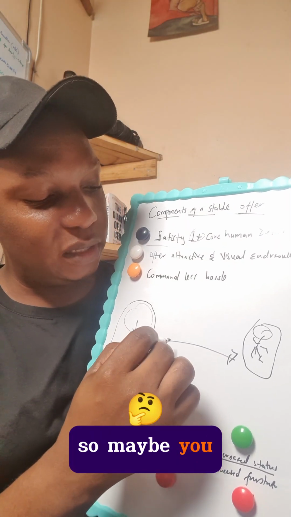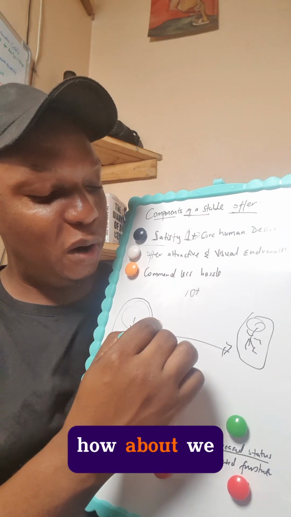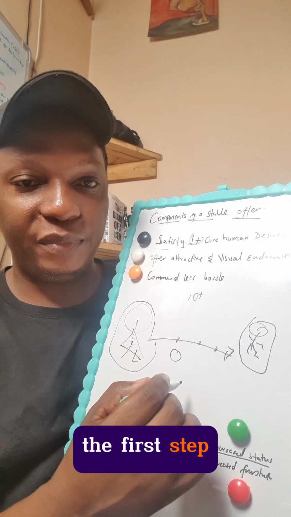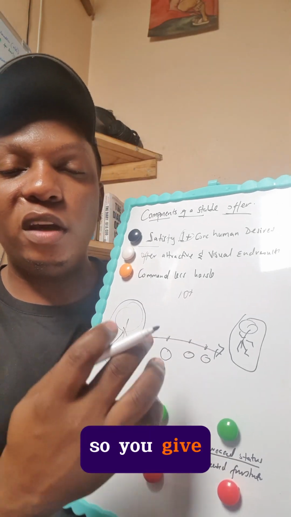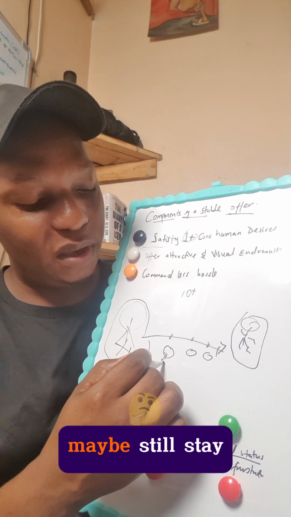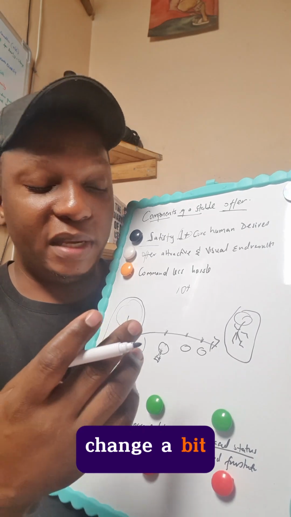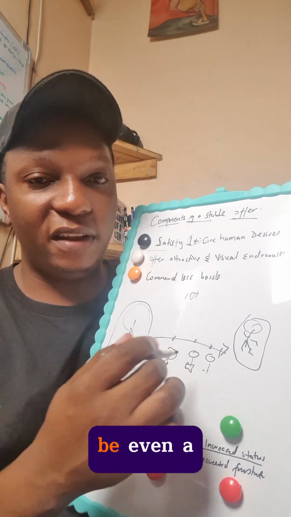So maybe you say, instead of taking 10 steps to losing weight, how about we just go through 3 steps? So you offer the first step as easy, intermediate, and then hard. So you give them the option to choose. Say you take this, you will maybe still stay on the same diet, maybe change a bit and then move on. This will be like a strict diet, or this will be an even harder diet.